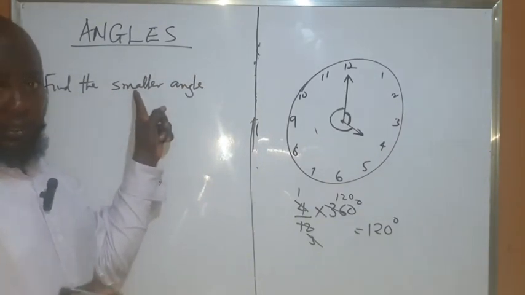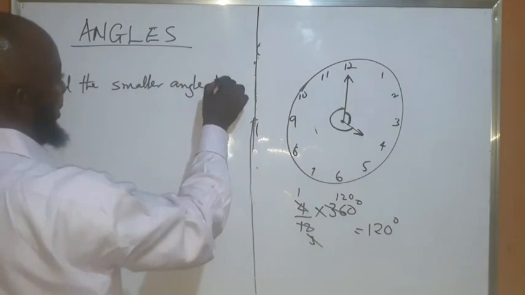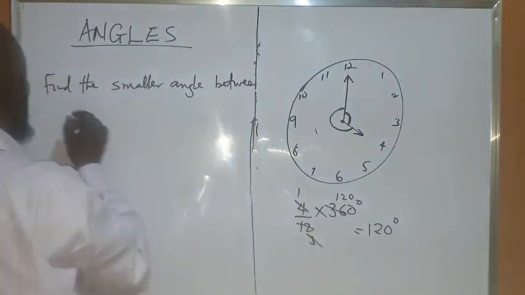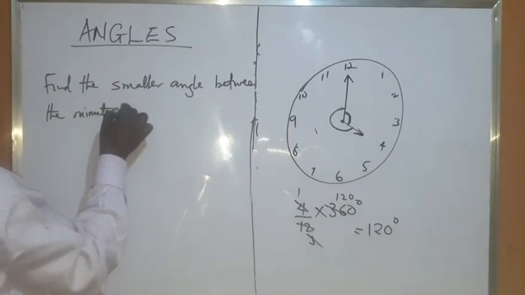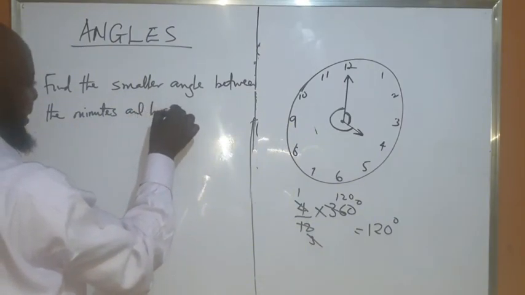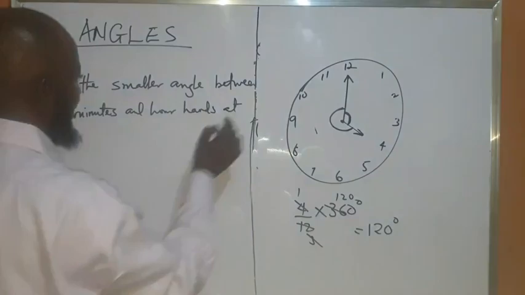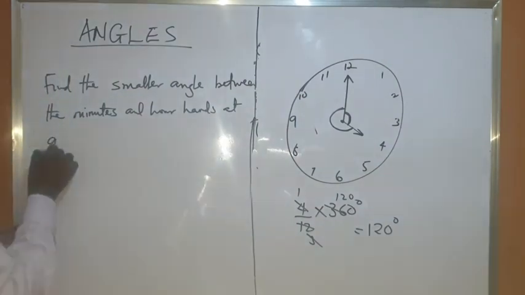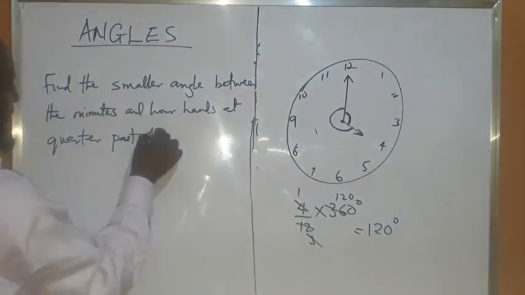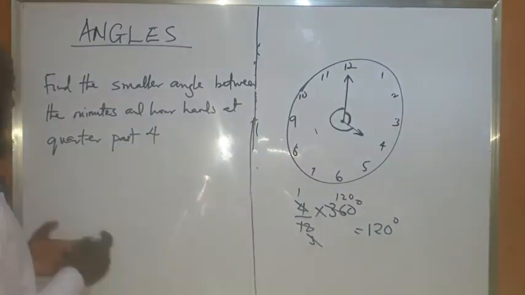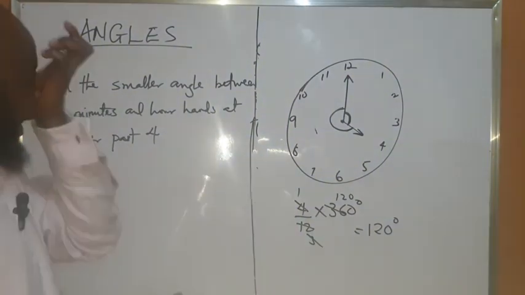When smaller is not stated, they are still referring to the smaller angle. Sometimes we have 4:45, 10 minutes to, 3 minutes to, all those ones. How do you do that?